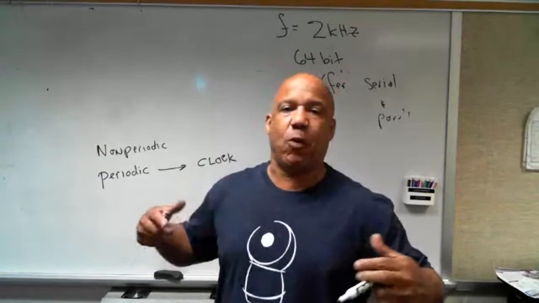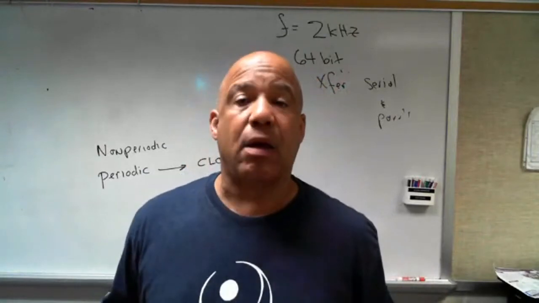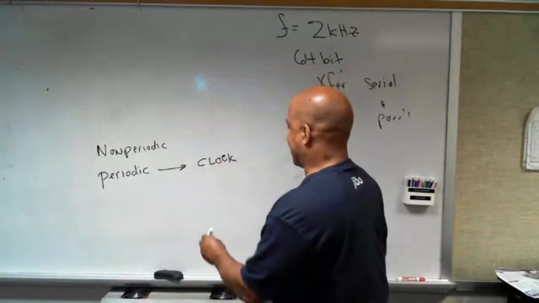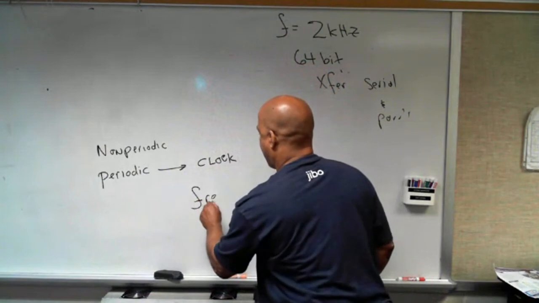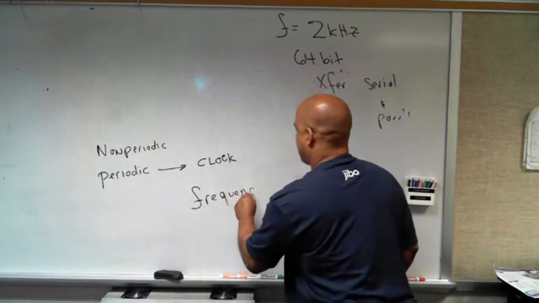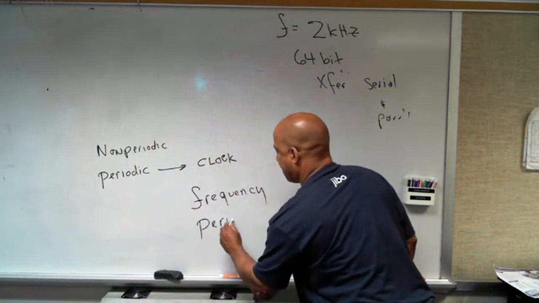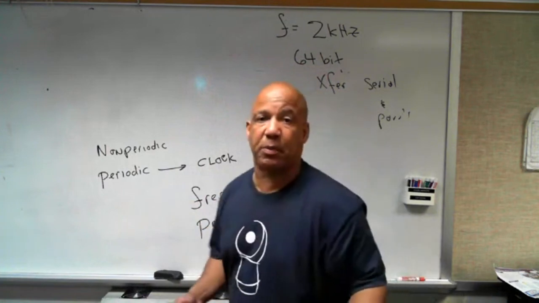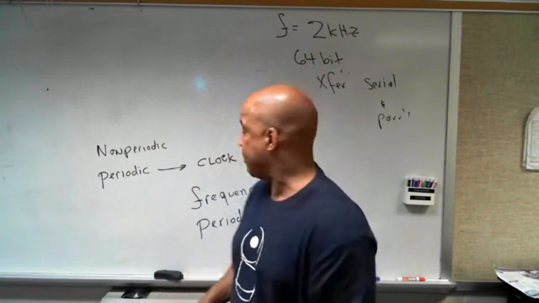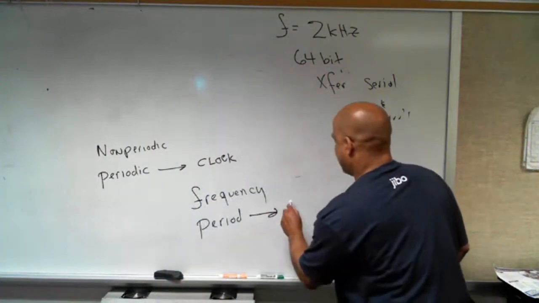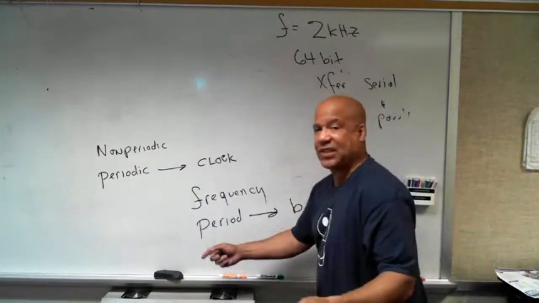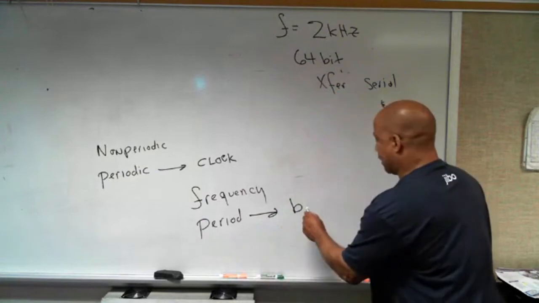If a waveform or signal is periodic, it has two things: a frequency and something called a period. But in digital systems, the period is referred to as the bit time. In math or physics, they call that the period, but here they call it the bit time.